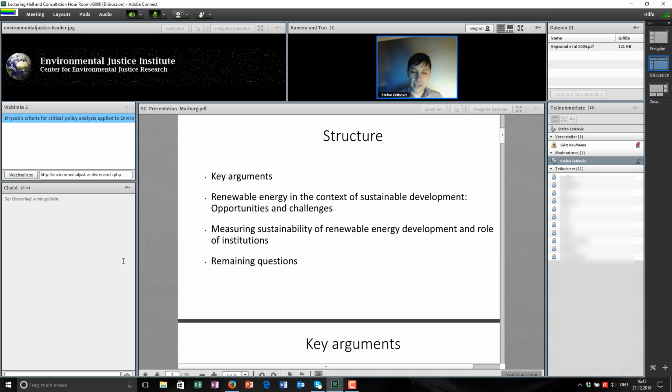issues. And then I will move to applying more political science concepts, trying to show how one can measure sustainability of renewable energy development in different countries, and particularly to show you why national political economic institutions are important for understanding why different countries develop renewable energies differently.